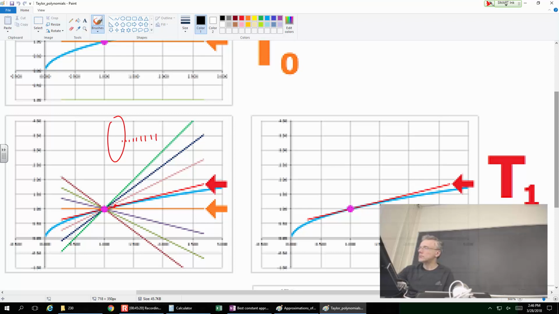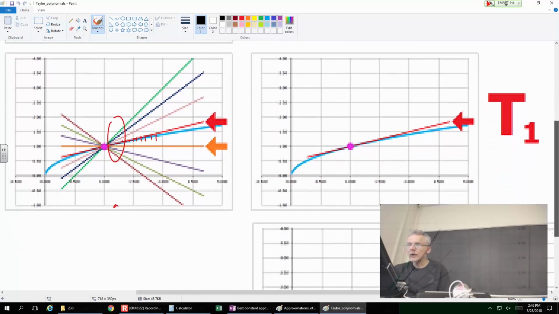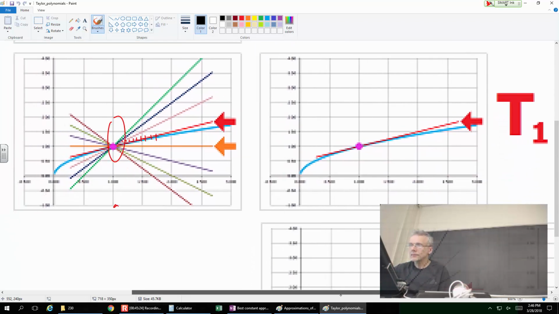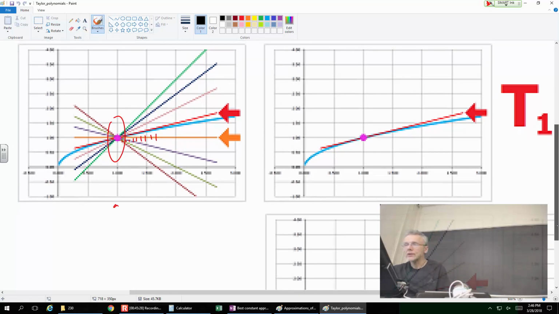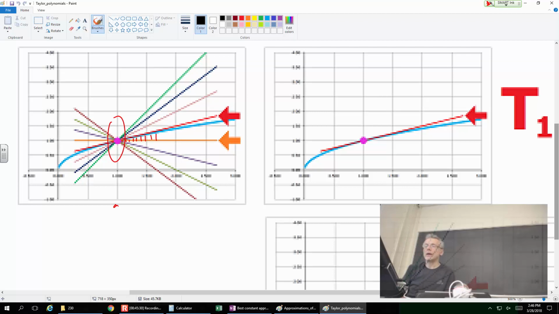So we are looking at these straight lines, and we start with the assumption that they already pass through our point.